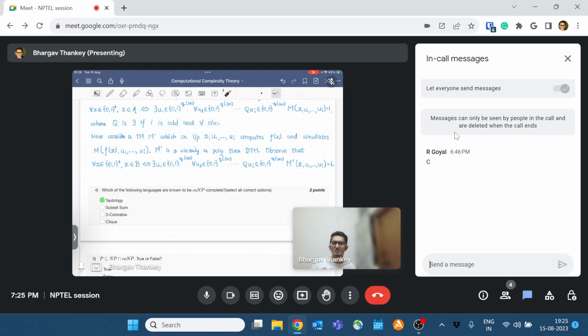For traveling salesman, probably we use Hamiltonian circuit, but we use subset sum for a very well-known problem. I think you can use it for knapsack. Yes, for knapsack, correct. Subset sum is a very special case of knapsack.